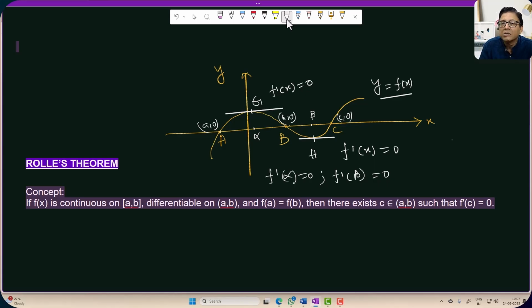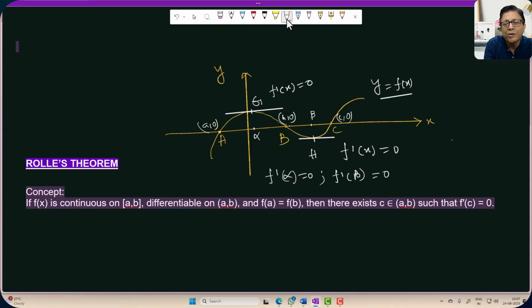It means between two successive zeros of the polynomial f(x), there exists a zero of f dash x.